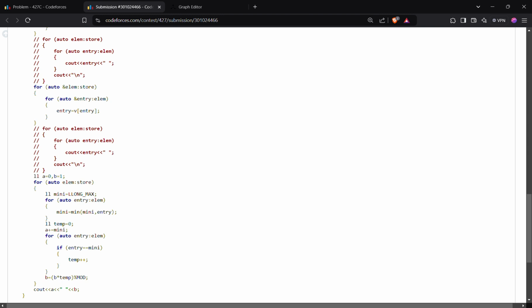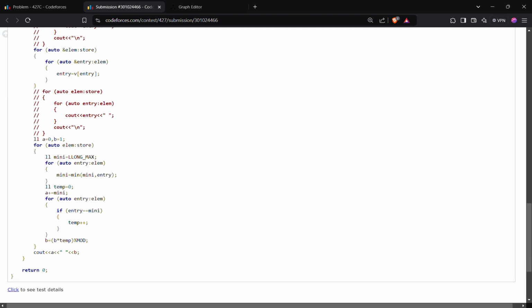So that is why I first change all the entry values to their costs, check the costs and minimize them whenever possible, add it to the answer, and check how many minimum costs are possible in that strongly connected component.